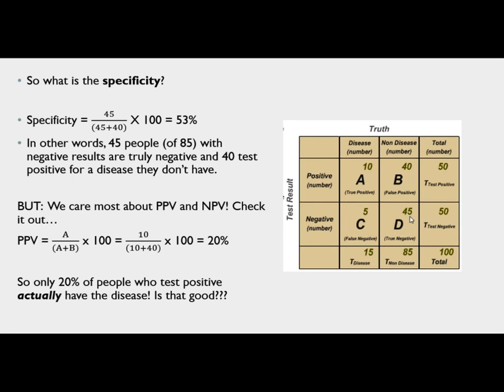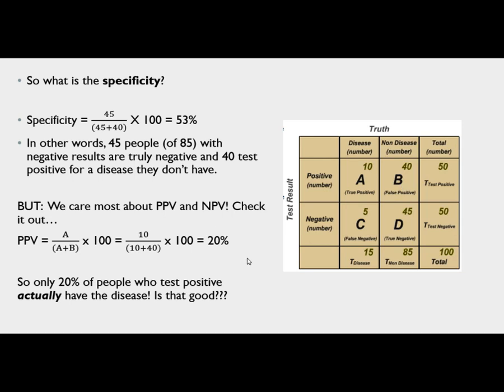We have 45 over 45 plus 40, which is 85. Okay, so we have 45 divided by 85 times 100, and we get 53%. In other words, 45 people of 85 with negative results are truly negative, and 40 test positive for a disease that they don't have. So these guys are truly negative, and these guys test positive, but they don't have it.